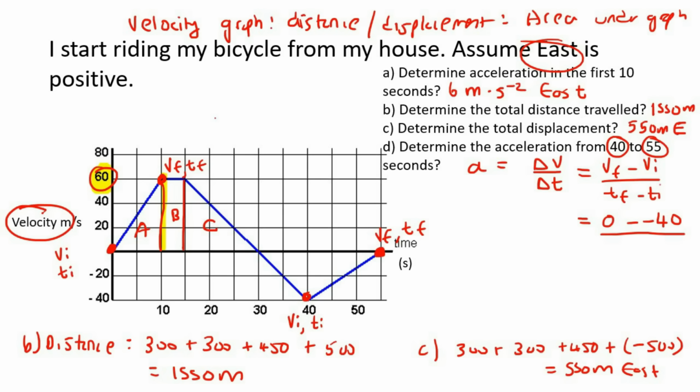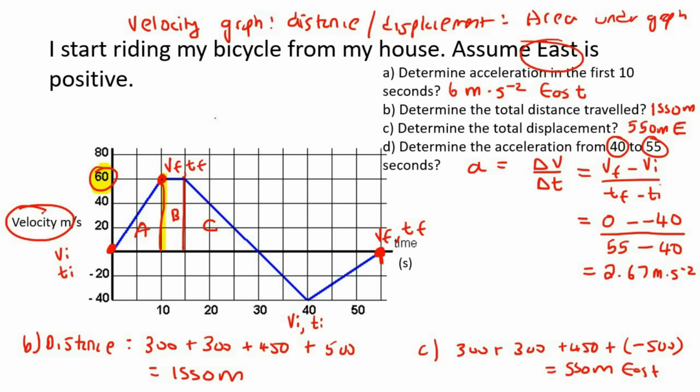And then for your time, your final time is this one, which is 55 seconds. And then your initial time is this one, which is 40 seconds, minus 40. And so if you had to go calculate that, you end up with 2.67, and that's meters per second to the negative 2, because that's what acceleration is measured in.